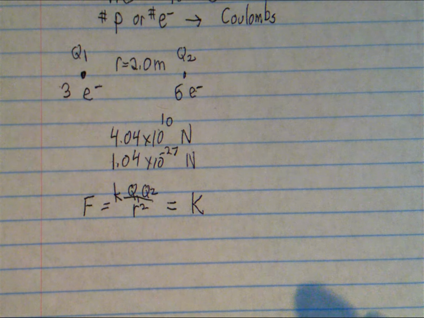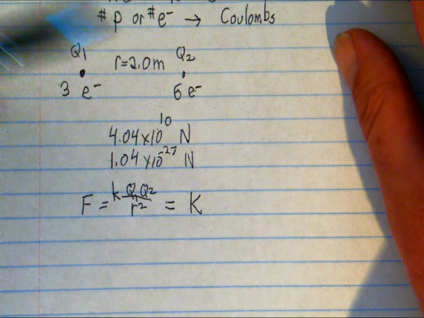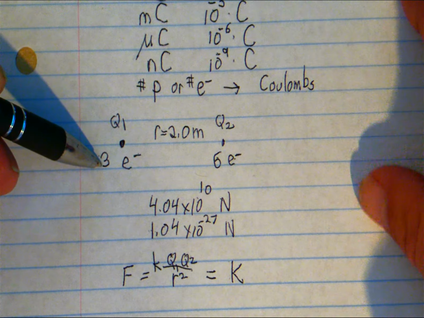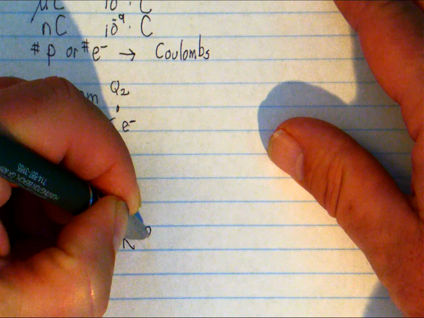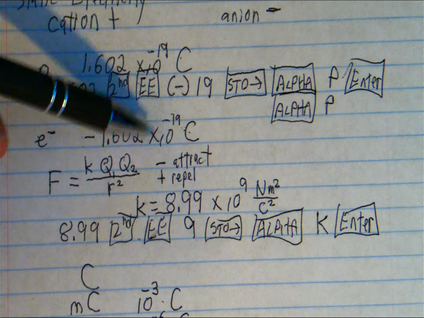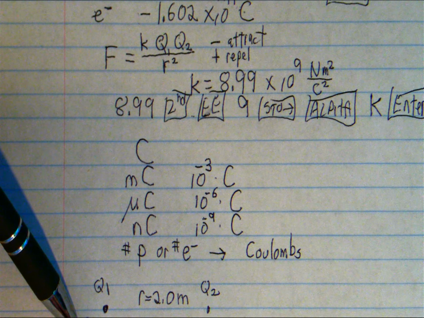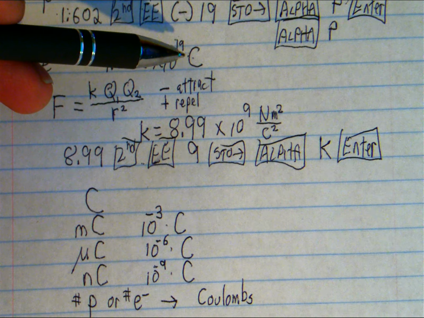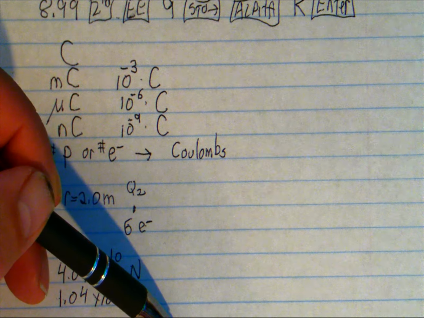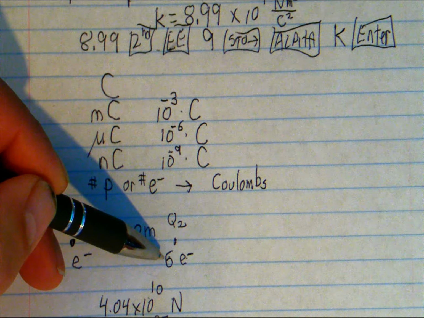All right, here's how I came up with the answer. On my graphing calculator, I typed in alpha K. For 3 electrons, I typed in 3, then alpha P to multiply it by 1.602 times 10 to the negative 19th power. That converts it from 3 electrons into some teeny tiny amount of electric charge in coulombs. Then I typed in 6 for 6 electrons.